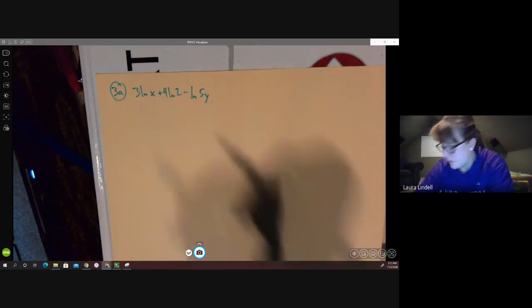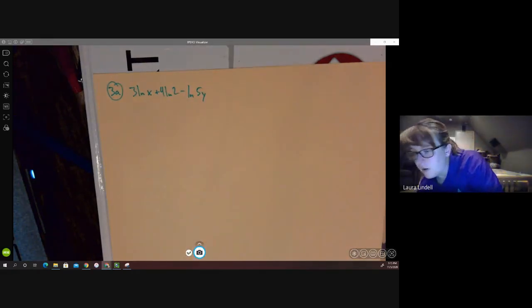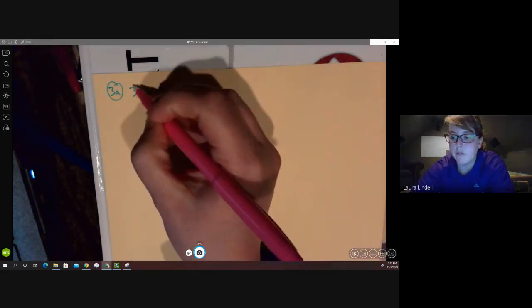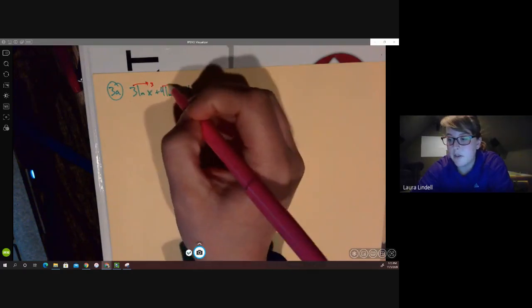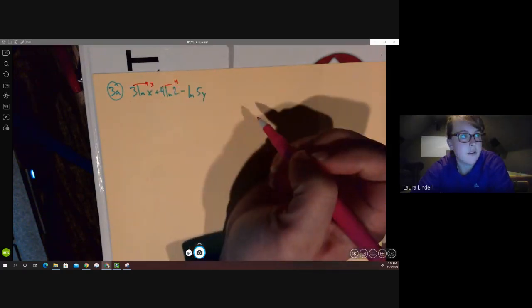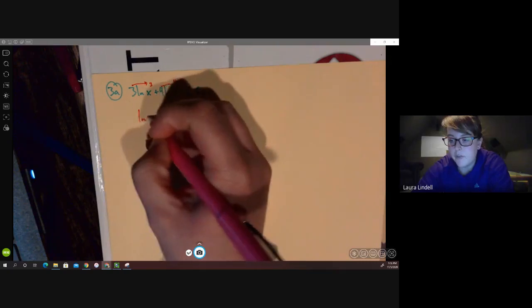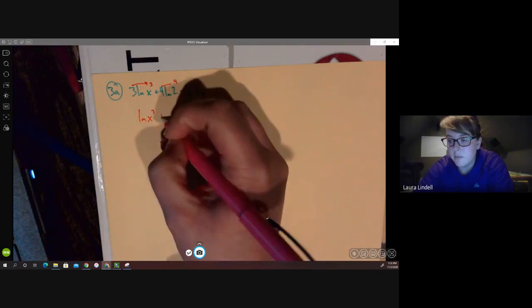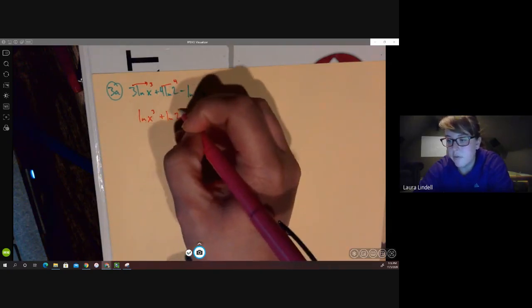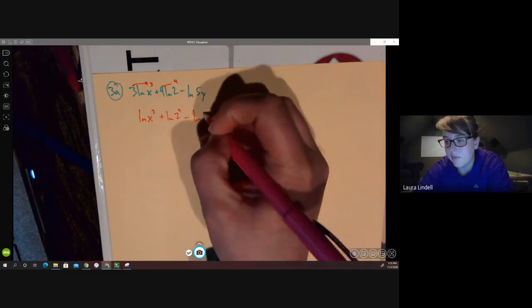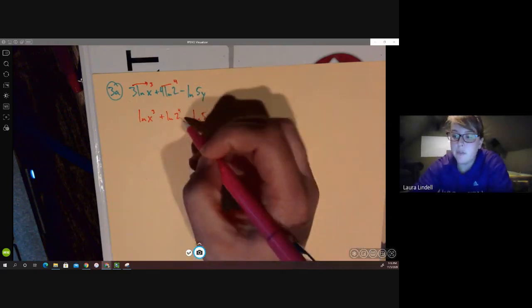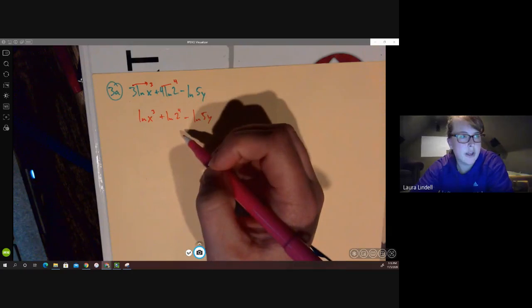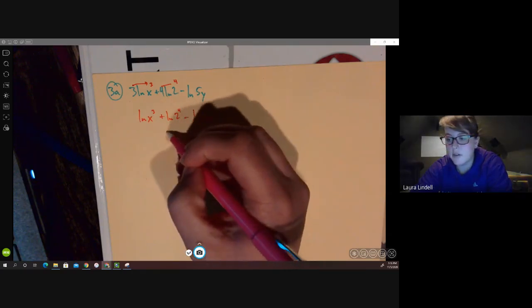What I would do to start with is move all of these multipliers out front into the exponent. So we get natural log of x cubed plus natural log of 2 to the 4th minus natural log of 5y. And then 2 to the 4th is 16. So I would just go ahead and replace that with 16 as well.